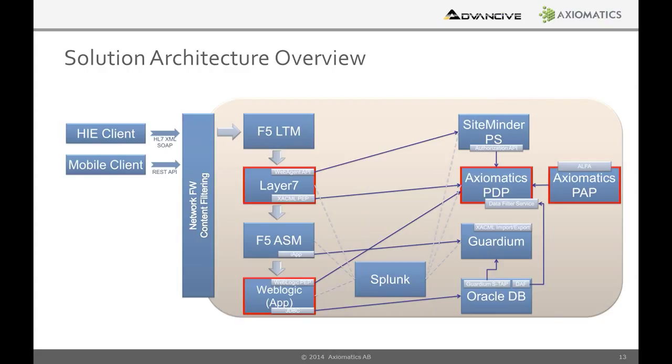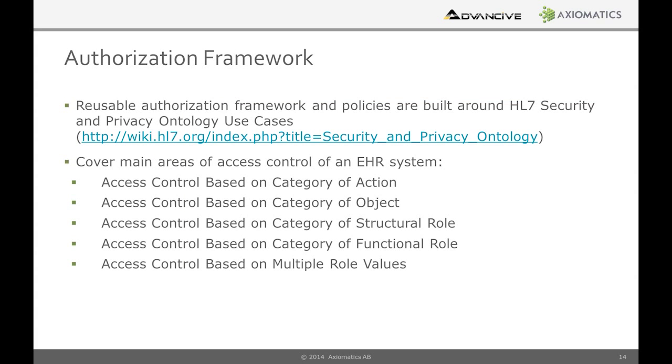So let's talk a little bit about the authorization framework. We really built the framework around the HL7 security and privacy use cases. For those who are not familiar with HL7, it's a standards body that defines different protocols and standards for healthcare type information exchanges, and part of their standards really define security use cases as well that most healthcare systems should implement. And those use cases really cover some main areas of access control, right?